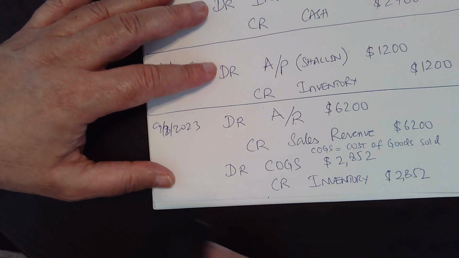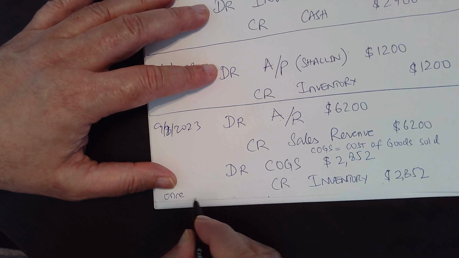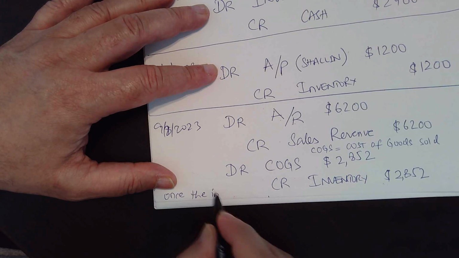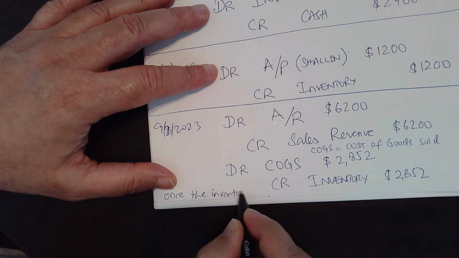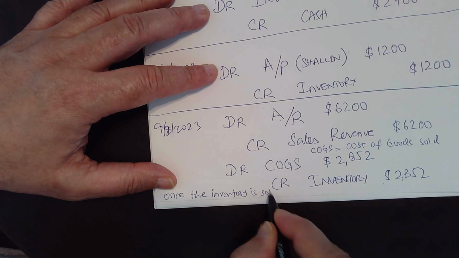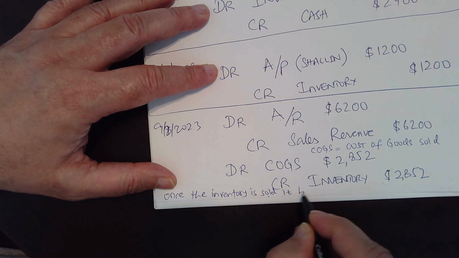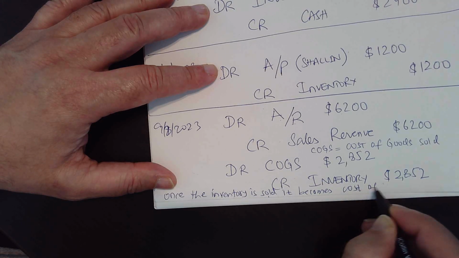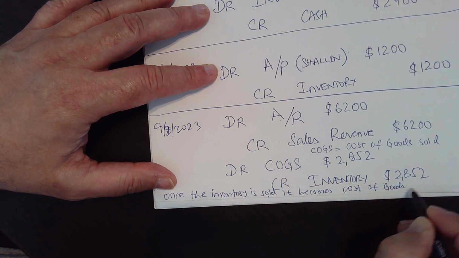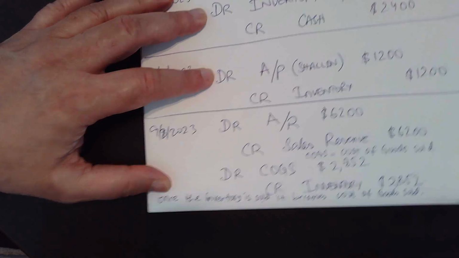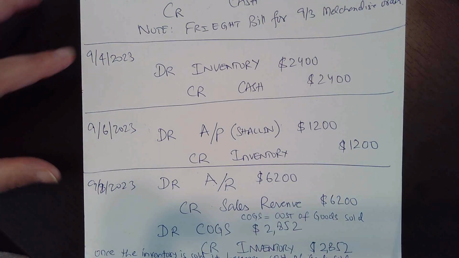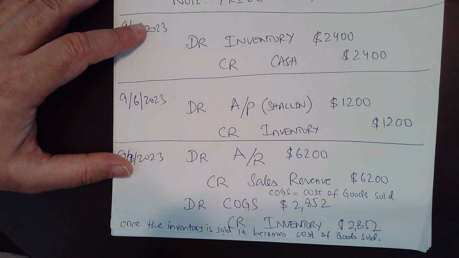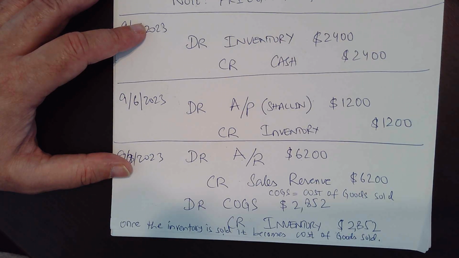So I will write this down for you. Once the inventory is sold, it becomes cost of goods sold. This is an important point to remember, because it is going to appear many times in this course, in future courses, and in your real life.